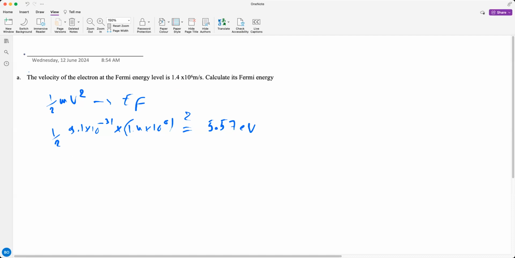And then the second question, I will copy it right now. What is the density of free electrons for silver?